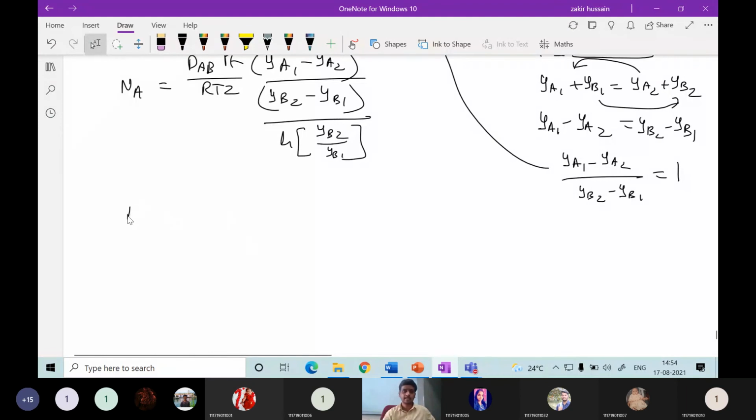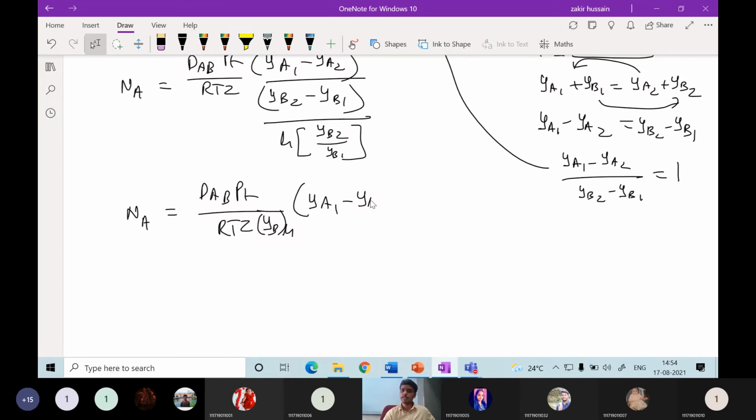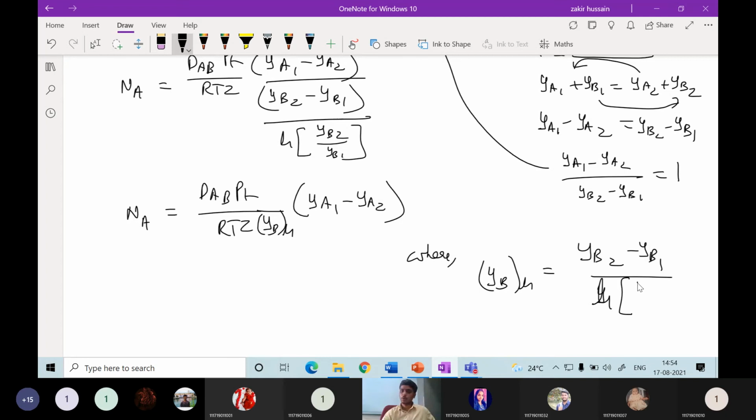In short form, NA is equal to DAB PT by RTZ into YA1 minus YA2 divided by YB log mean, where YB log mean is equal to YB2 minus YB1 divided by ln YB2 by YB1. This one we are defining as YB log mean.